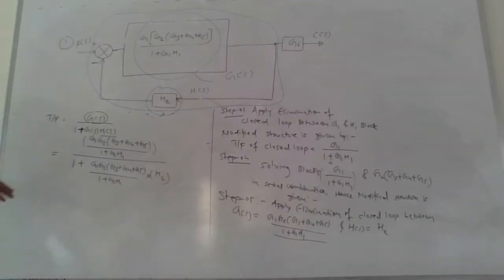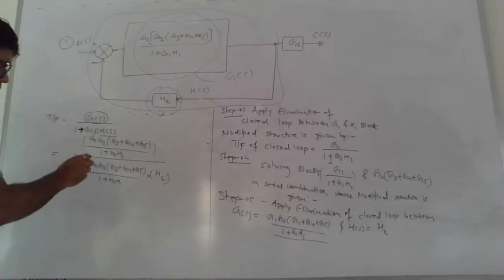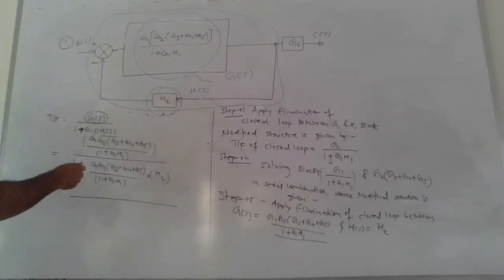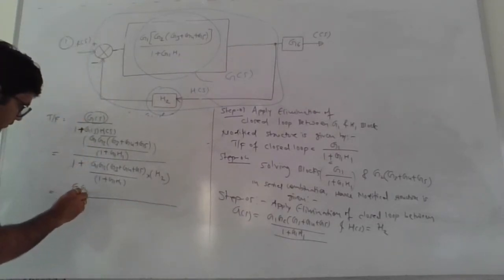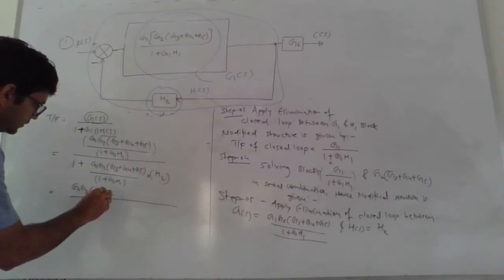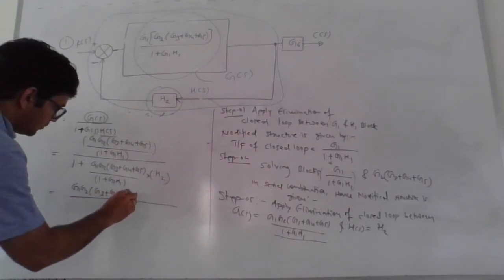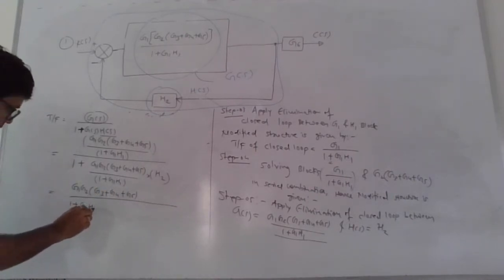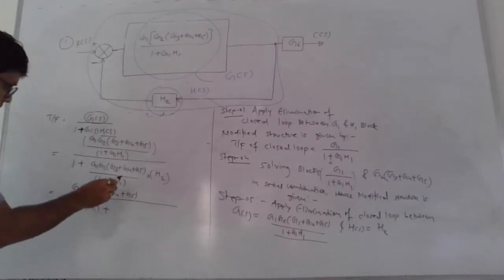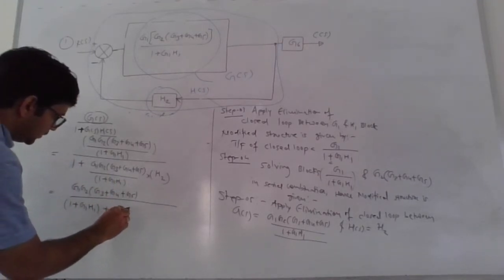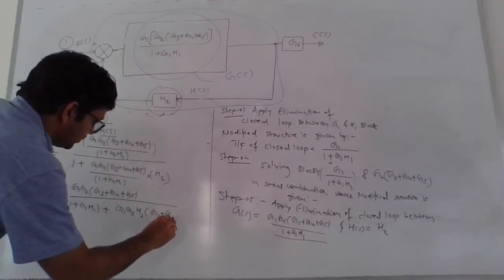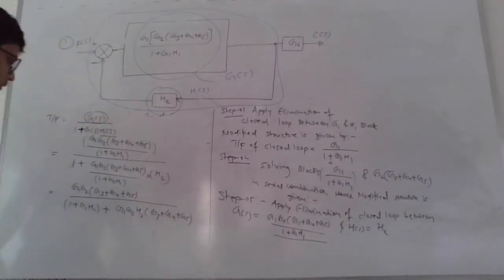That's it. Now if you make a simple arrangement over here, if you multiply numerator and denominator by 1 plus G1 into H1, you will get in the numerator, this will get cancelled, you will get G1 into G2 in bracket G3 plus G4 plus G5, and in the denominator 1 multiplied by this, so it is 1 plus G1 into H1, then plus this will get cancelled, and here you will have G1 into G2 into H2 in bracket G3 plus G4 plus G5.